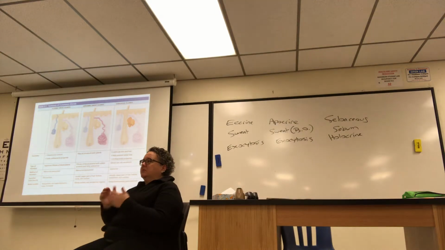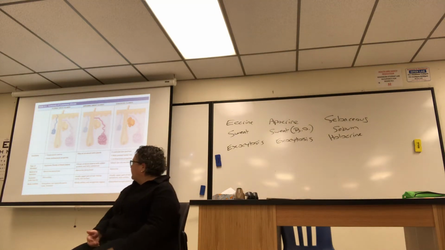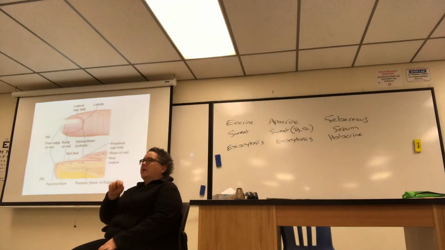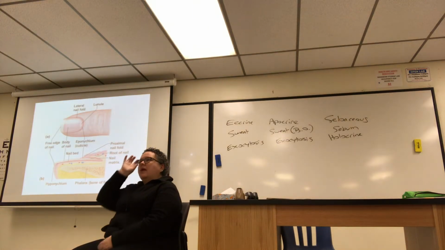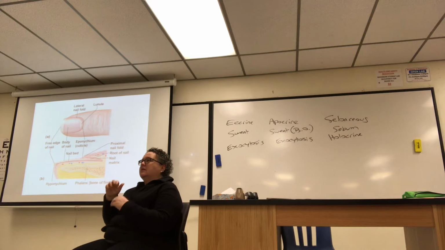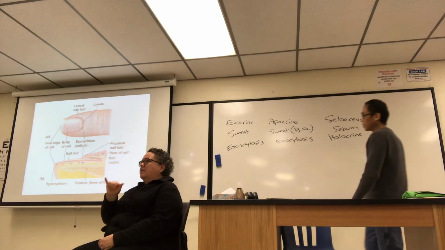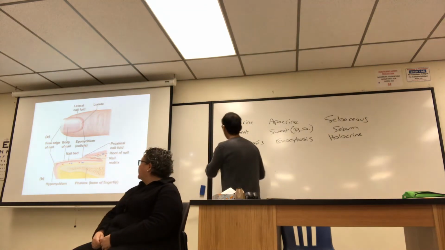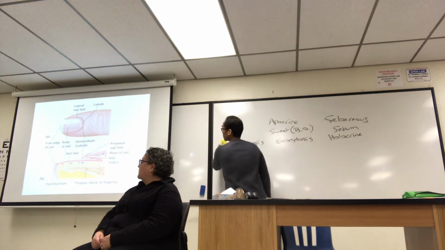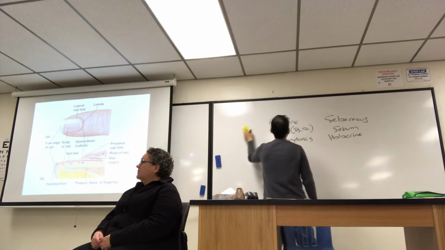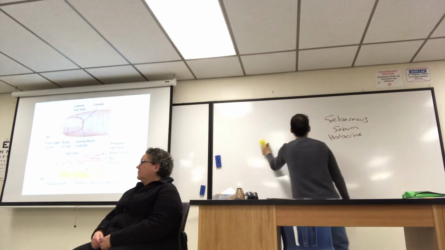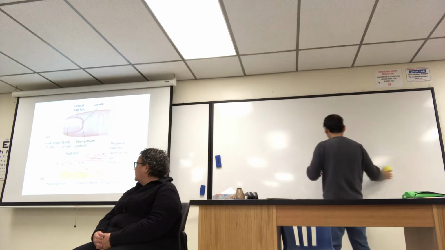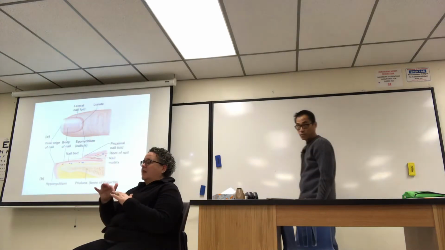Let's move on. So appendages of the skin include hair and nails. We'll take a look at those. The anatomy of a nail. It's not too complicated. I'll just list the terms that you may not have heard of before. When you look at your nails, they're pinkish underneath.